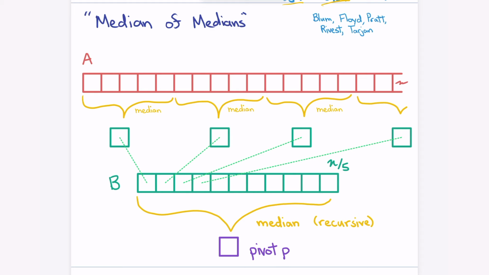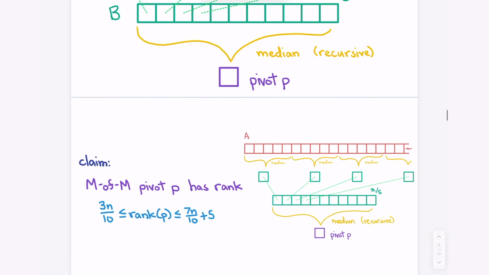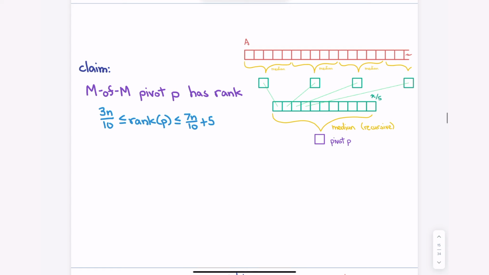Okay, so good. So here's the claim, that we're going to actually do better than a 9/10 median. We're going to get like 3/10 on either side. So the claim is that if you do this median of medians, instead of being in the middle 80%, you can get in the middle 40%.